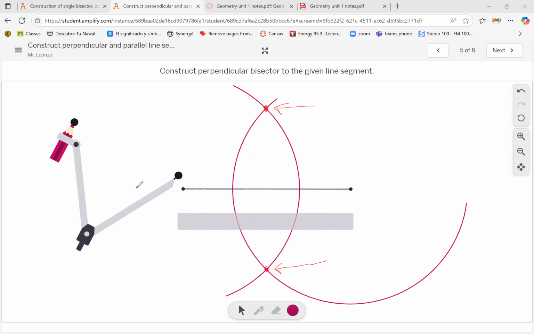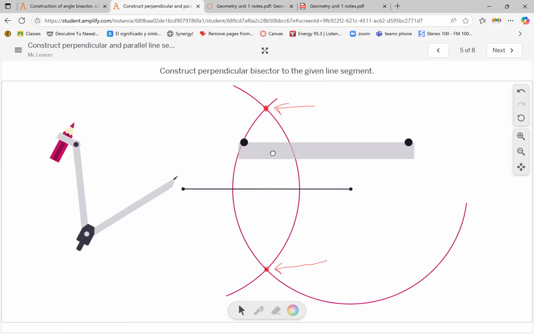Okay, that's it. Now let me grab my ruler. I'm gonna click on here in the cursor, click on my ruler. I just need to connect those 2 points.